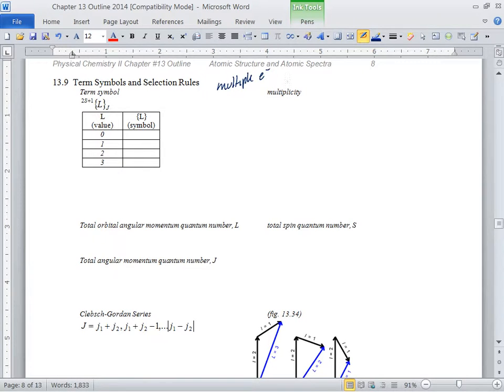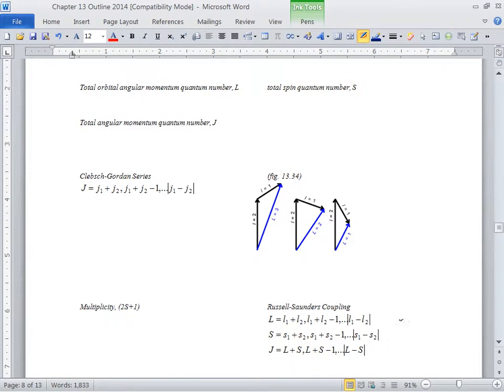So now that we have big L, big S, big J, here's how we get them. Couple all the L's. If you have just 2, couple them and get all their possibilities. Couple the S's. Couple your resulting L and S's, and you get the J's. That's kind of where they're coming from here.